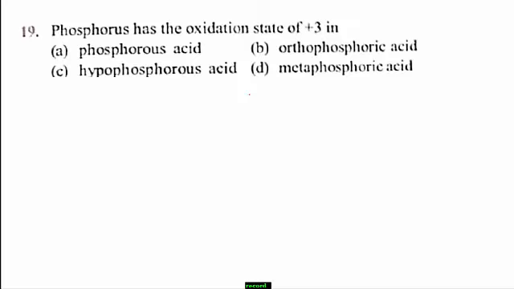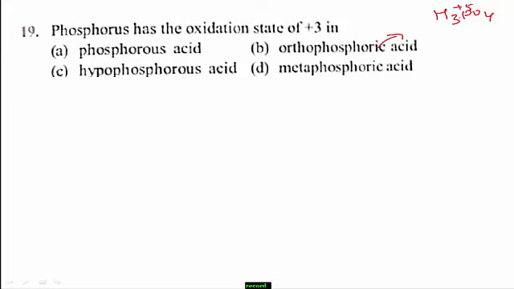Students, you know the oxidation state of hydrogen is plus 1 and oxygen is minus 2. If you take an example, orthophosphoric acid, what is the formula of orthophosphoric acid? It is H3PO4.